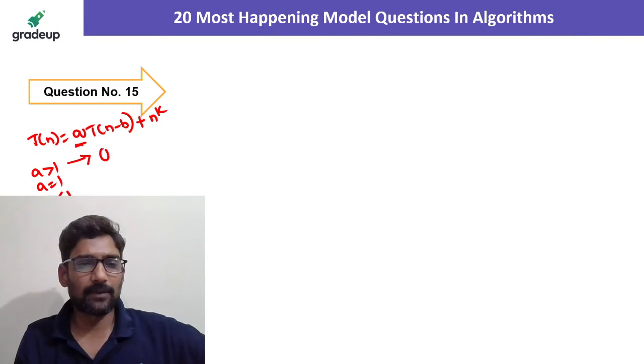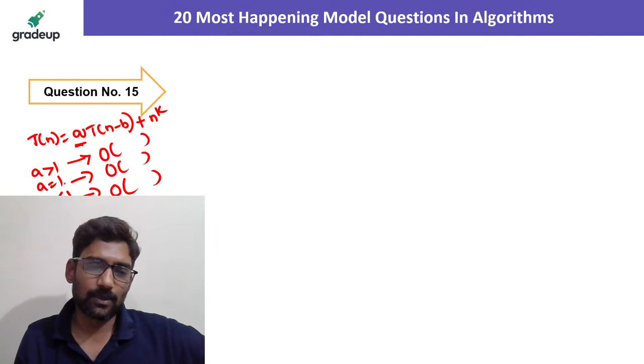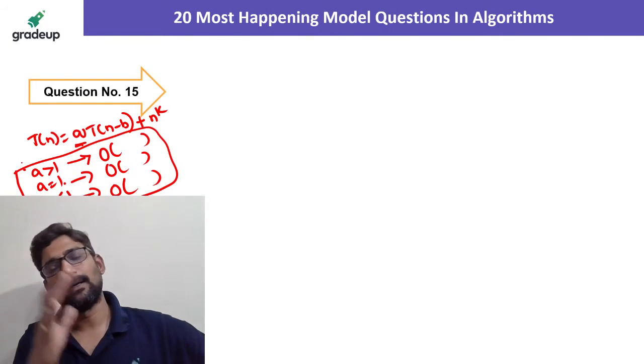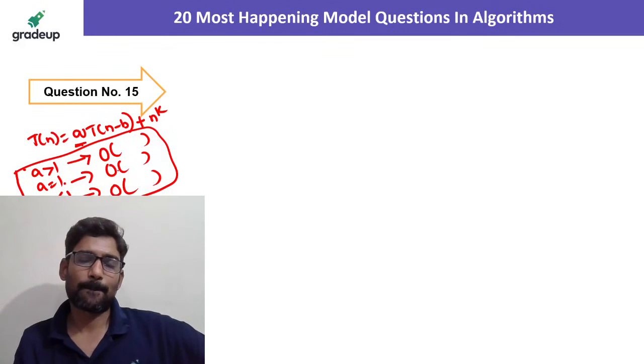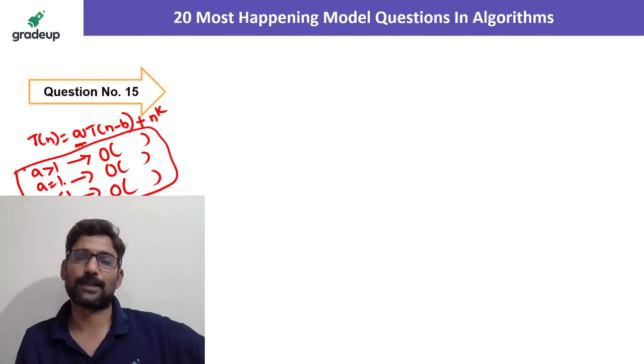When a is greater than 1, we are having one fixed time complexity. Just we will use this and accordingly we will write the time complexity. Direct formula based. Nothing to explain there.